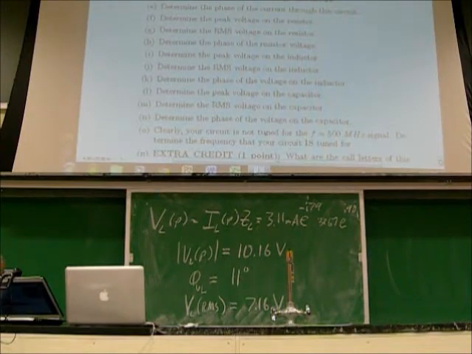How far away is the capacitor from the inductor? More than 160. How far away is the capacitor's phase from the inductor? Yeah, 180. At any moment when the inductor has a positive voltage, at that same moment, the capacitor has a negative.